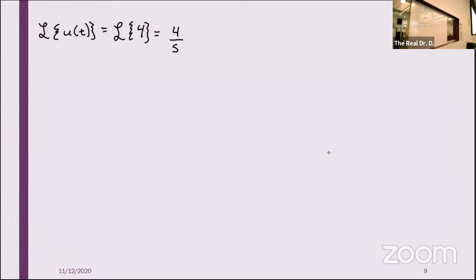Another way of thinking about this, which might confuse everybody, is we're taking 4 times capital U of t. I can pull the 4 out, and if you take the Laplace transform of this piecewise function, it just equals 1 over s. So you get 4 times 1 over s. Same deal.